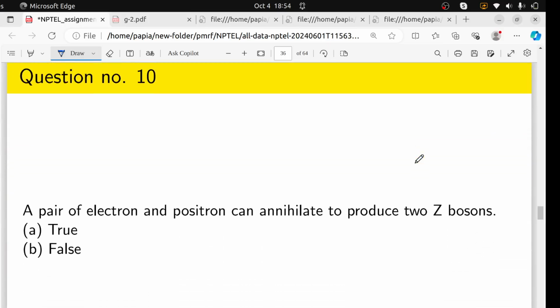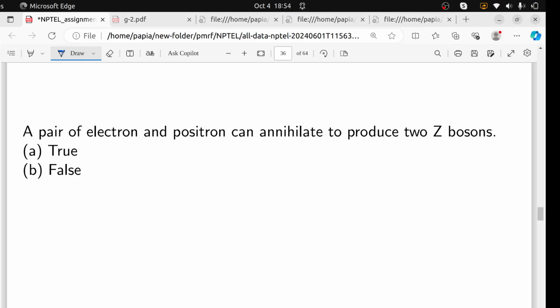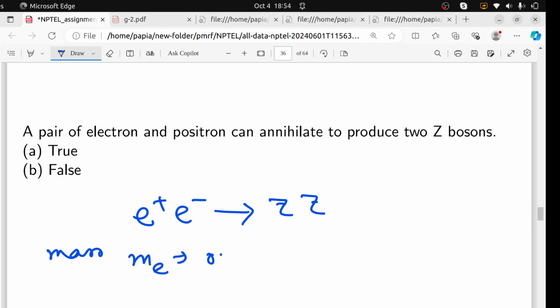The next question: a pair of electron and positron can annihilate to produce two Z bosons. E plus, E minus going to Z, Z. In this case, charge-wise it is very good, no problem. Lepton number, baryon number are all very good. But if I talk about mass, the mass of electron is 0.511 times 10 to the power minus 3 GeV by c square.